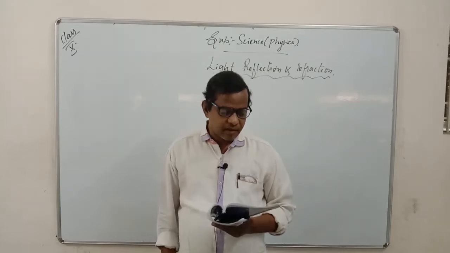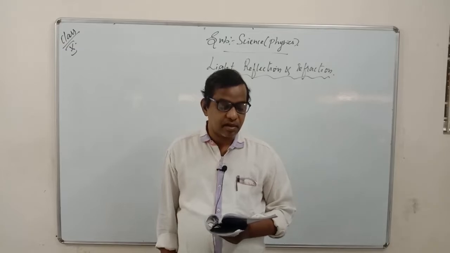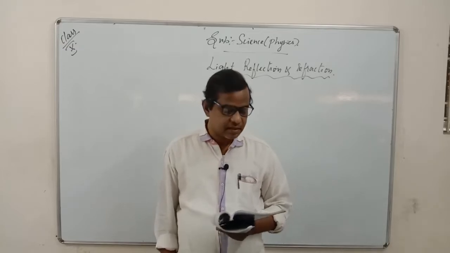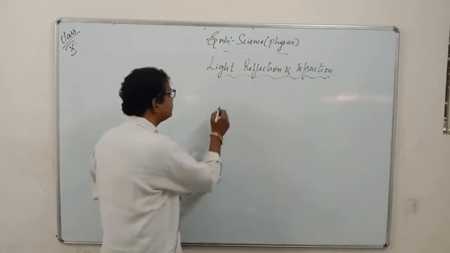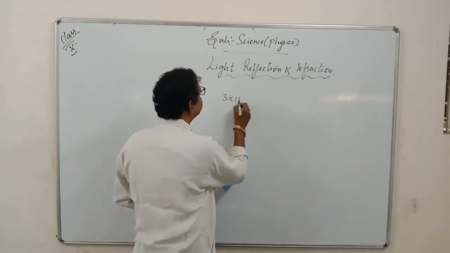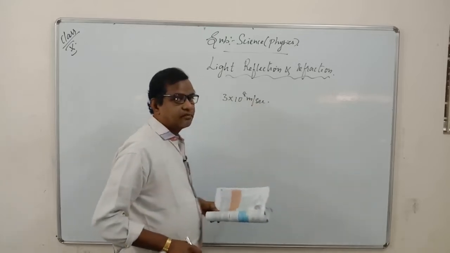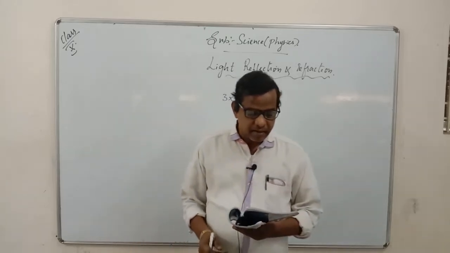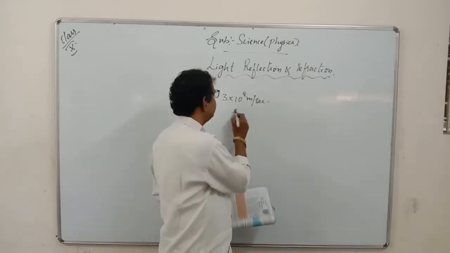For example, the velocity of light in air is 3 into 10 to the power of 8 meters per second. Second, it casts a shadow. The main thing is we have the shadow.